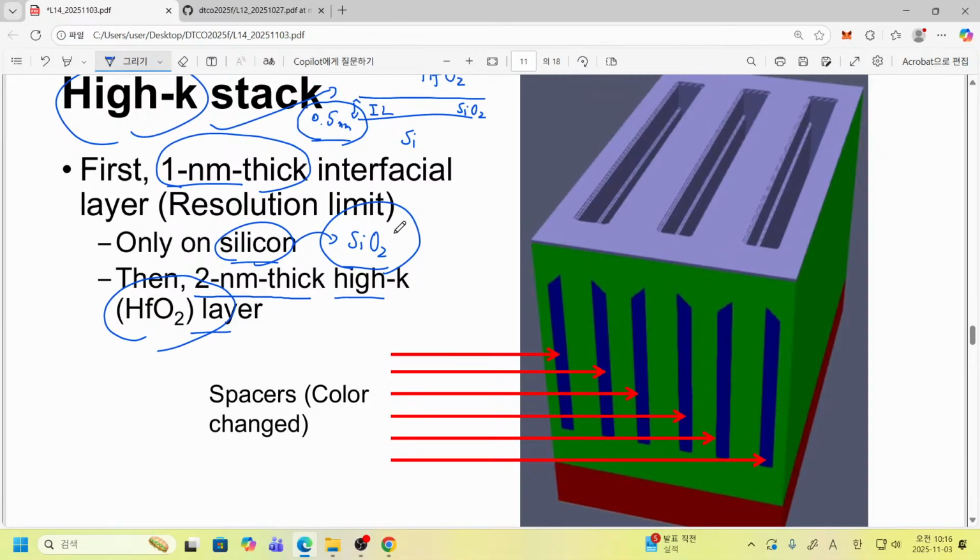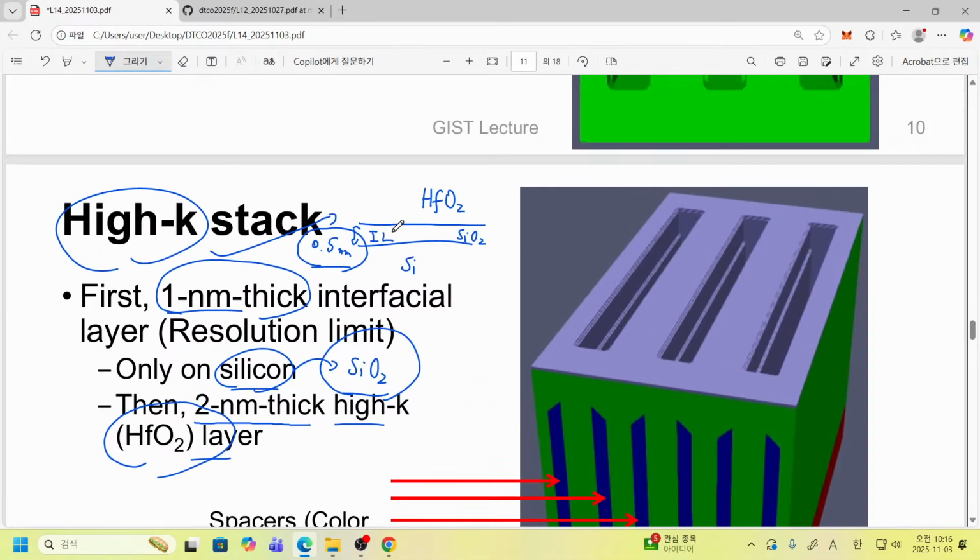For example, when you look at this structure, this part corresponds to the hafnium oxide layer, and this is just silicon dioxide. Even on top of this silicon dioxide, we just add hafnium oxide. Do you want to have this one here? Actually not, but still we have it.